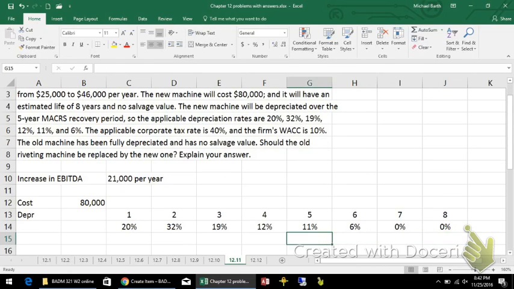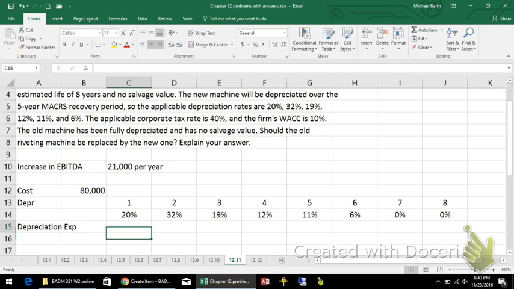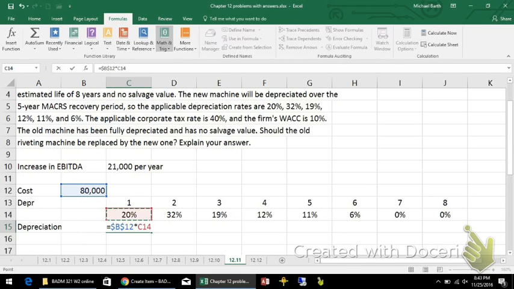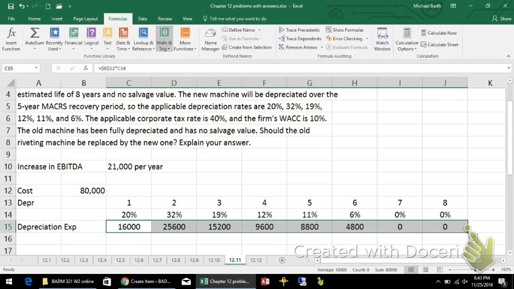All right, so the depreciation expense would be the $80,000 times these percentages.